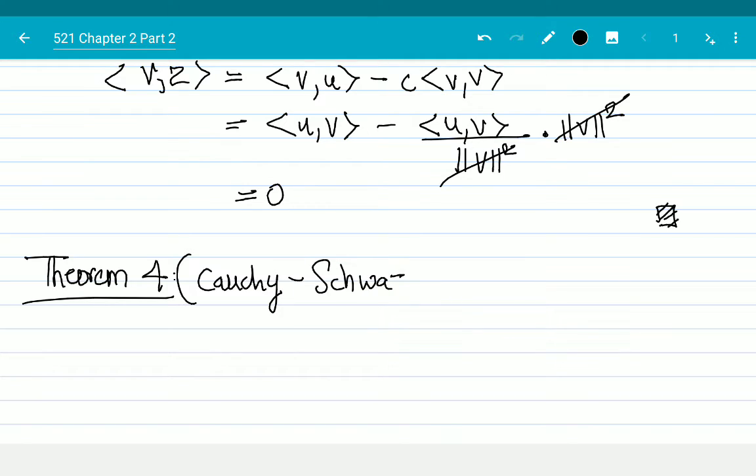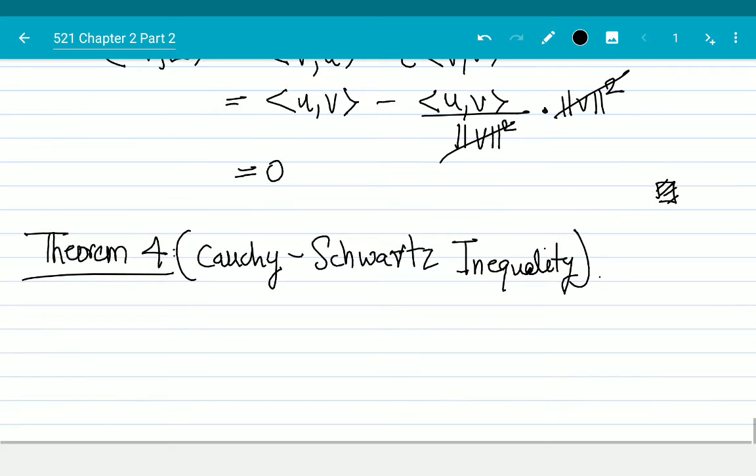Cauchy-Schwarz inequality. This is a very powerful inequality which is used extremely commonly. This is going to be the bread and butter for all norm calculations. This is going to be popping up so much everywhere.